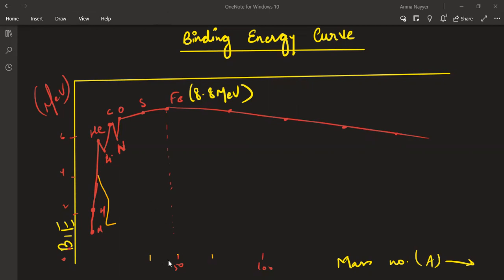This is also incorrect. This should lie here at 56, because you all know the mass number of iron is 56. So don't go by this, just use it to get a rough idea.